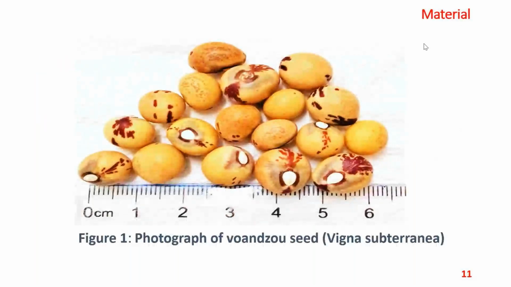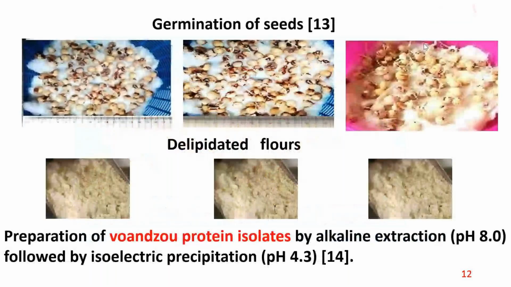Concerning the material used in this work, figure 1 shows the material, which is made of Vuanzu seeds, which were brought from a local market in Côte d'Ivoire, as shown in photograph 1. After that, the seeds were allowed to germinate for day 2, day 4, and day 6.